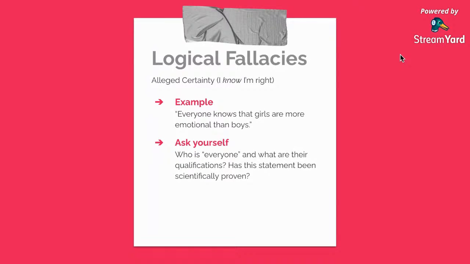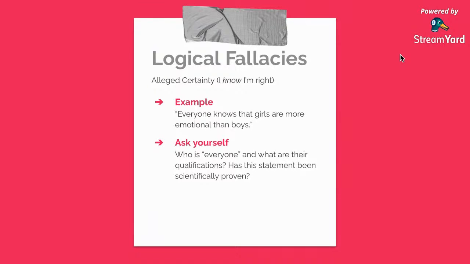The next is alleged certainty, or someone saying, I know I'm right. For example, everyone knows that girls are more emotional than boys. You need to ask yourself, who is, quote, everyone? What are their qualifications? Has this been scientifically proven?